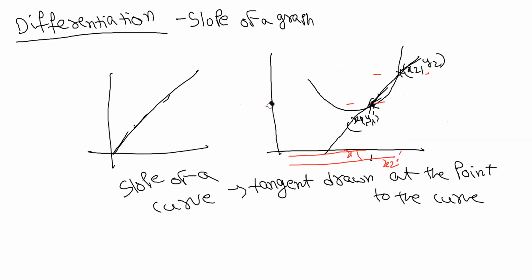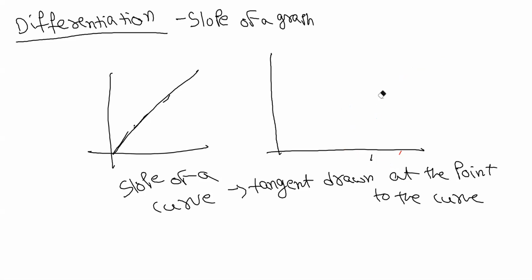So we will take two points which are very near to each other on the curve, x1, y1 and just adjacent to it x2, y2. Here the difference is very small. If you join these two points, then it becomes the tangent.